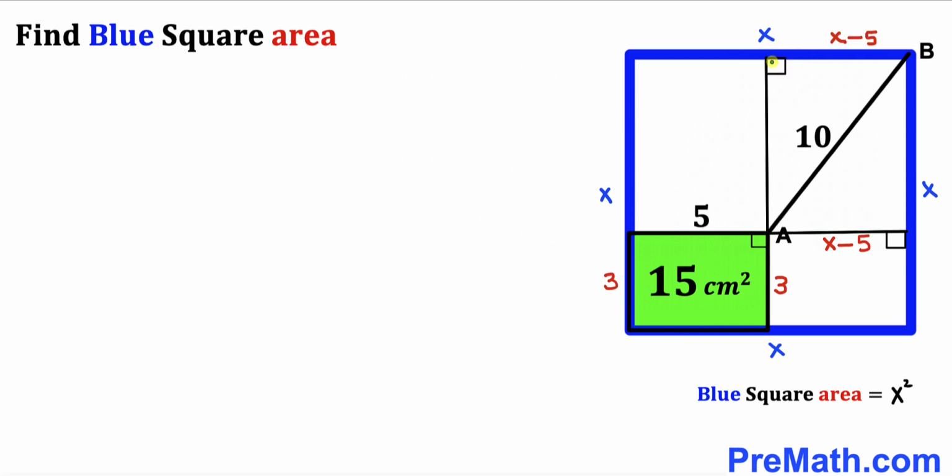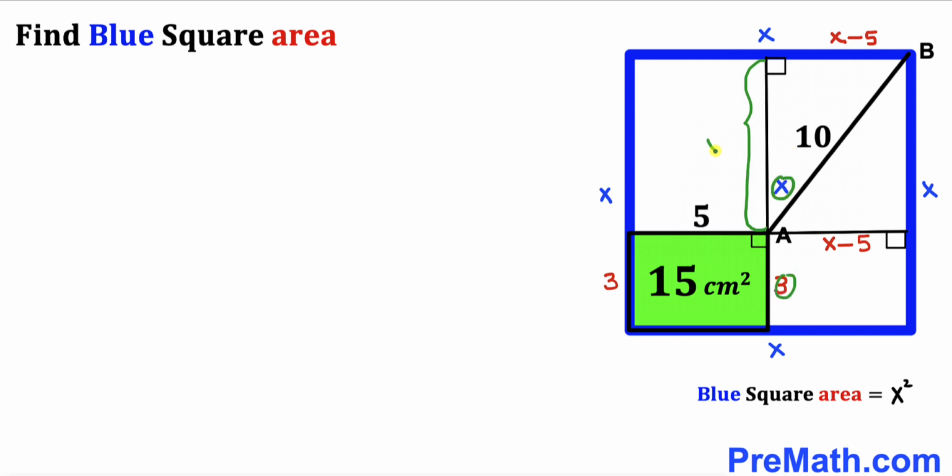If this length is x minus 5, then this side length is going to be x minus 5 as well. And likewise this vertical length is the same as this side length of the square. So if this one is x, then this side length is going to be x as well. And we know that this length is 3. So this remaining length is going to be x minus 3.